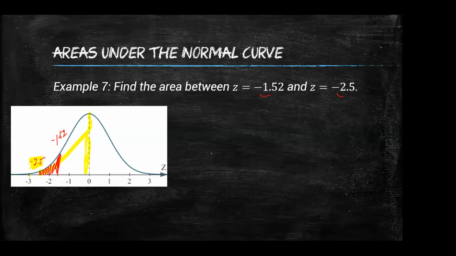Yung hinahanap lang natin yung red, diba? Ngayon po, yung area ng 1.52 is from here, papuntang 0 naman. Ngayon, class, ano ang gagawin natin para makuha lang natin yung red na part?